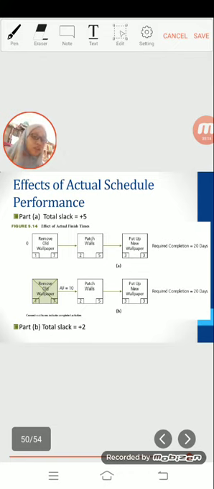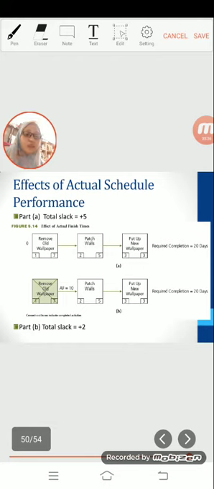Now we see the effect of actual schedule performance. As you probably know from real life experience, some activities get completed on time, some are finished ahead of schedule, and others are completed later than scheduled.